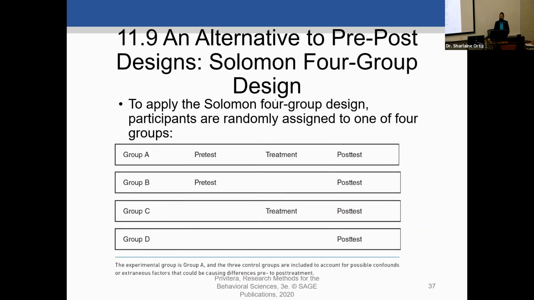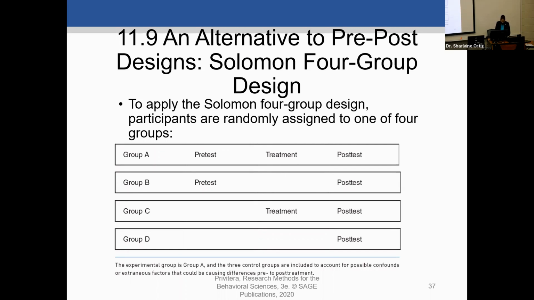So how does it look? Well, as usual, we are first going to assign the participants randomly to one of these groups, so we're going to assign them randomly to these four groups. I want to discuss a little bit what these groups look like.